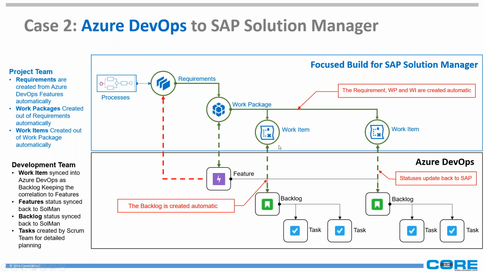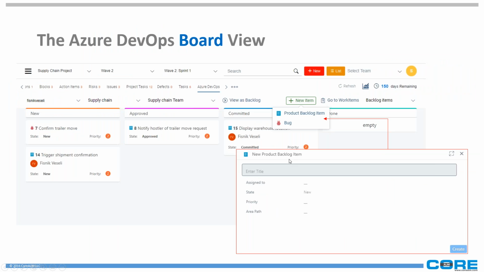And also the backlog item will create a work item within SAP, and the status will be mapped. When you go within our Scrum board, you'll get a view of your entire Azure DevOps backlog in here. And then you also have a button in here where you can create new items.